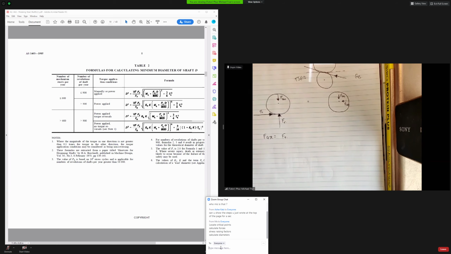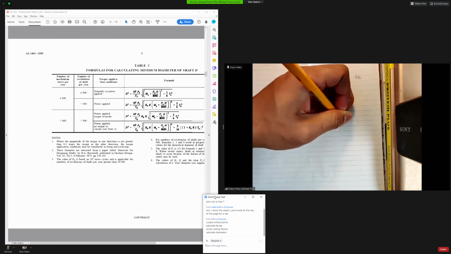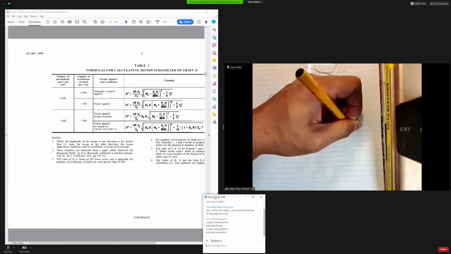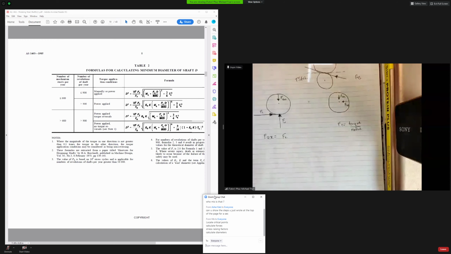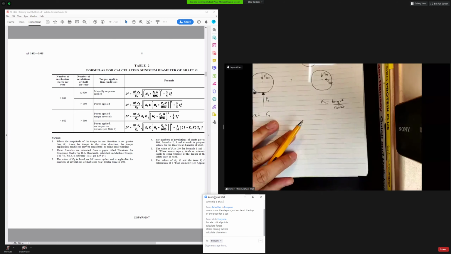All right, and FT is simply the torque divided by the radius. And the radius is just half of the diametral pitch of the gear.